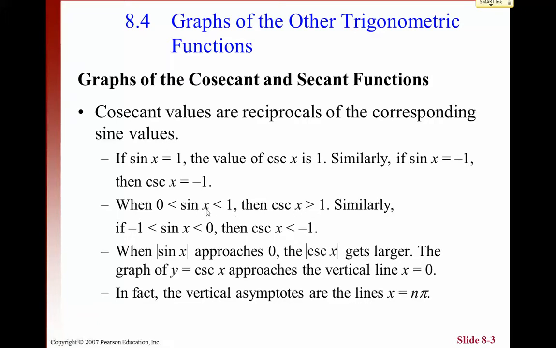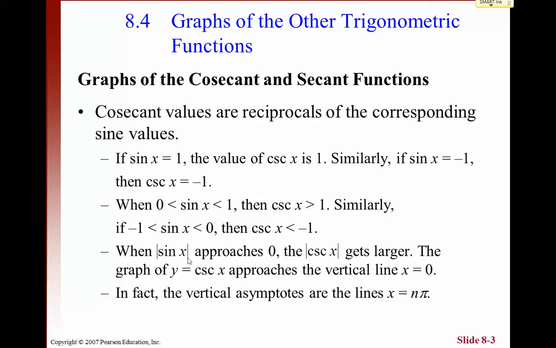If we take the reciprocal of this fraction, we're going to get a number that's bigger than 1. And so the same thing when it's negative, when we take the reciprocal of this number that's between -1 and 1, we're going to get a number that's way smaller than -1.